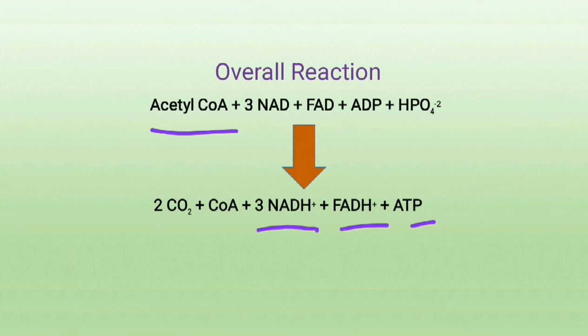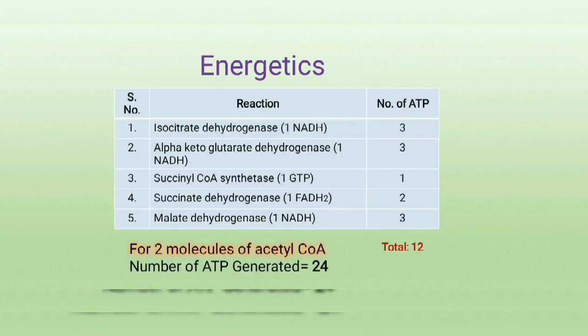And this is only for one molecule of acetyl coenzyme A. But we know that 2 molecules of pyruvate is being converted into 2 molecules of acetyl coenzyme A, which means the energetics will be like this.